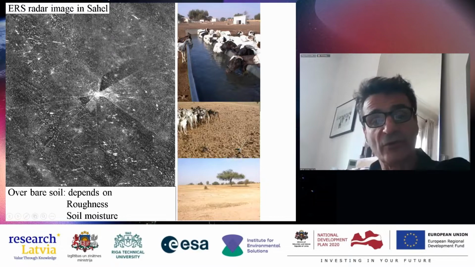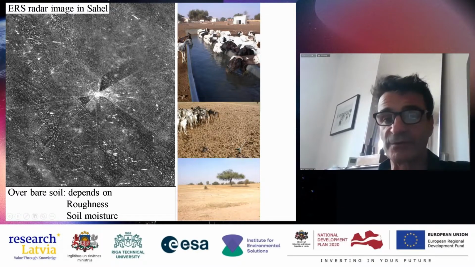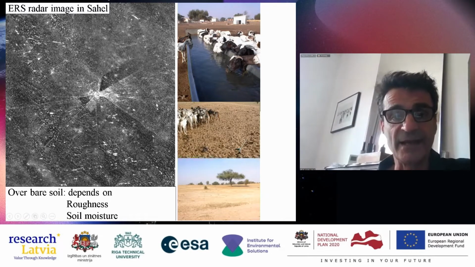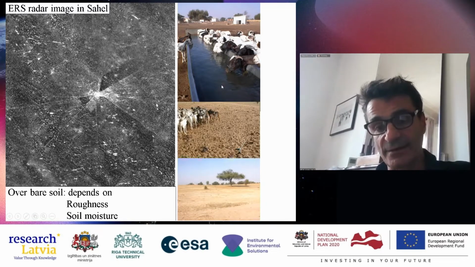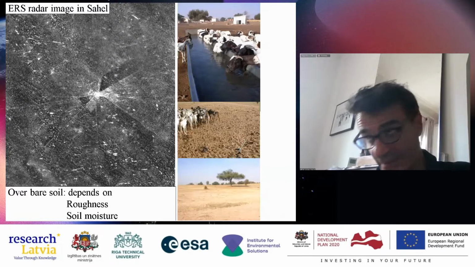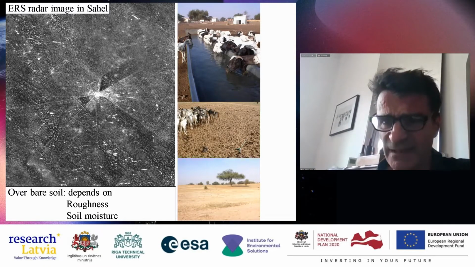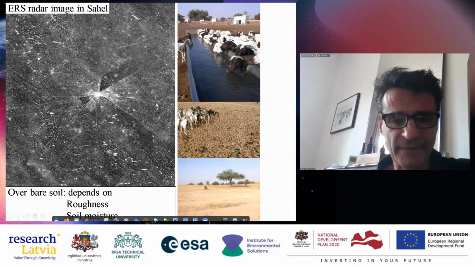Here, over land, this is in the Sahel when you don't have any vegetation. It's during the dry season, it's just sand. And you see this. What is this?